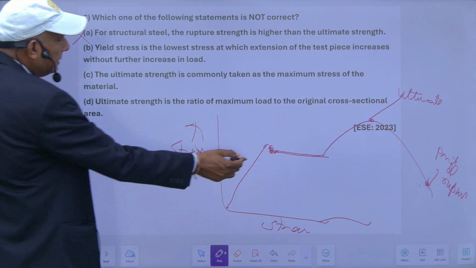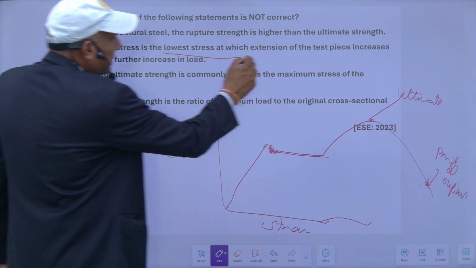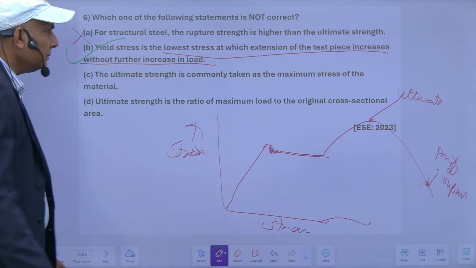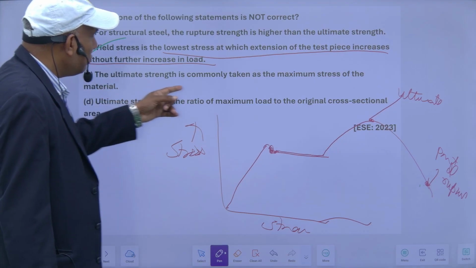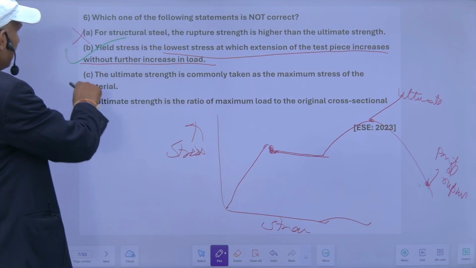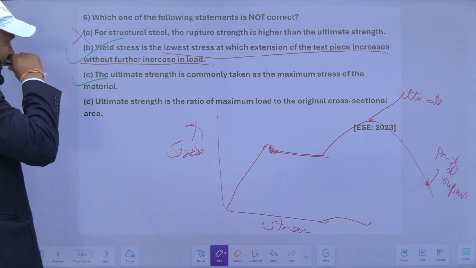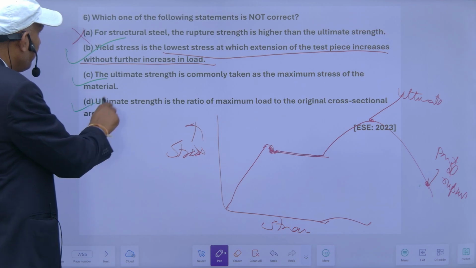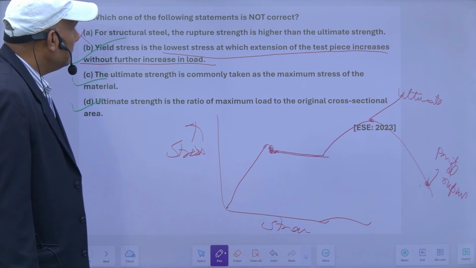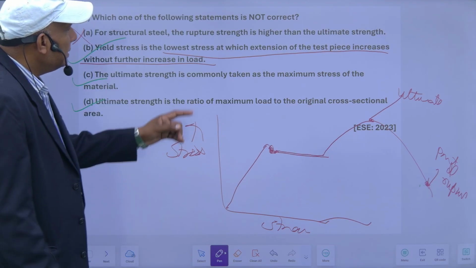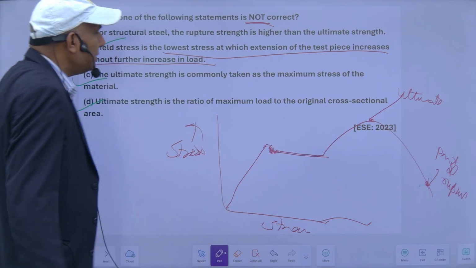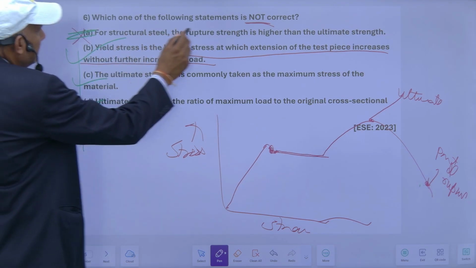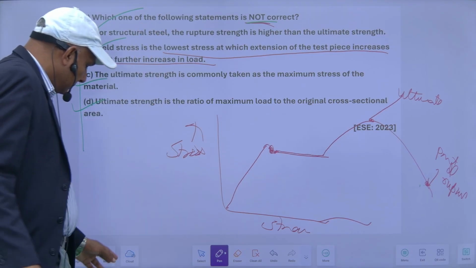So this is the correct statement. The ultimate strength is commonly taken as the maximum stress of the metal. Yes, this is also okay. The ultimate strength is the ratio of the maximum load to the original cross section area. This is also okay. Which is not correct means these are correct and this is incorrect. So our answer is this one.